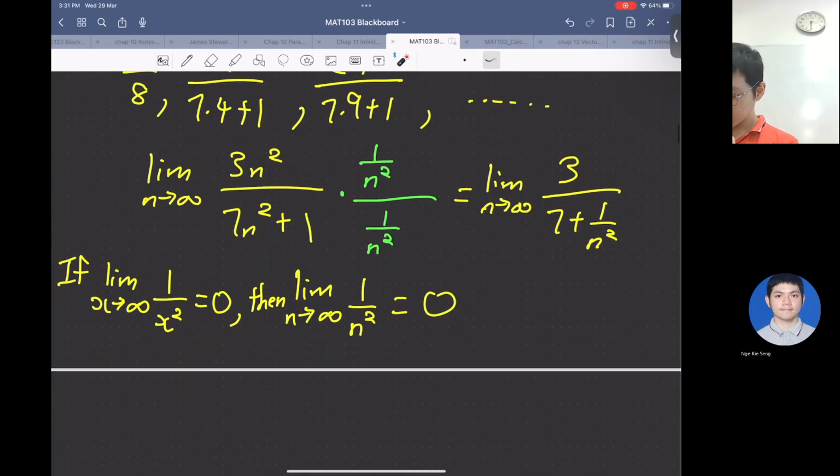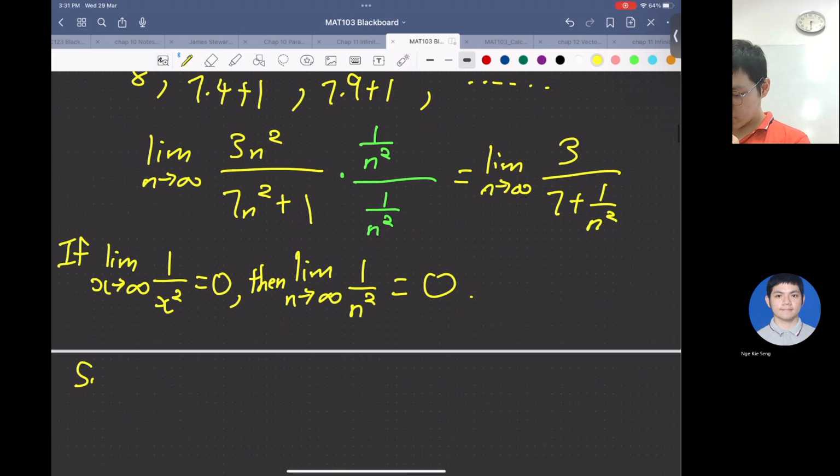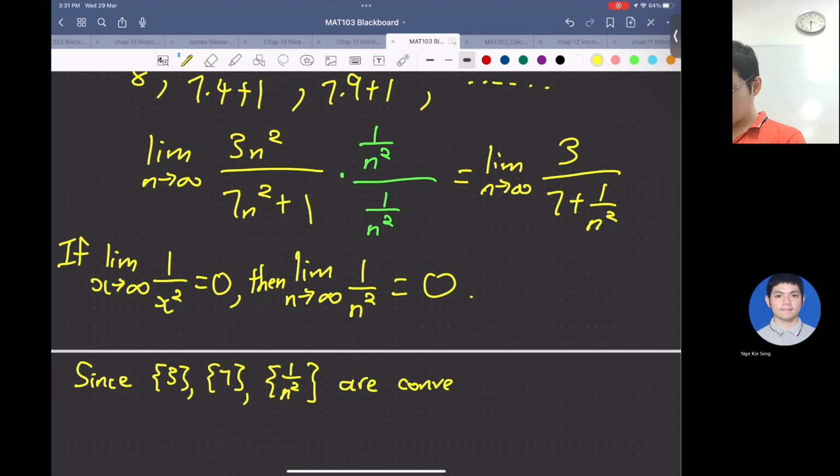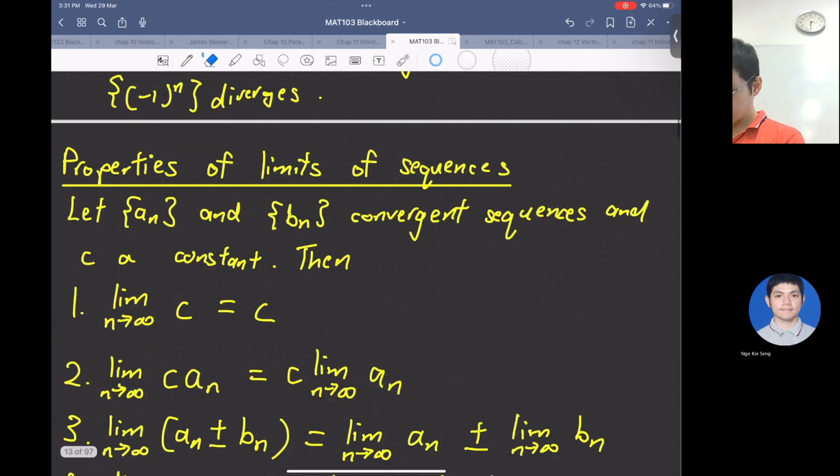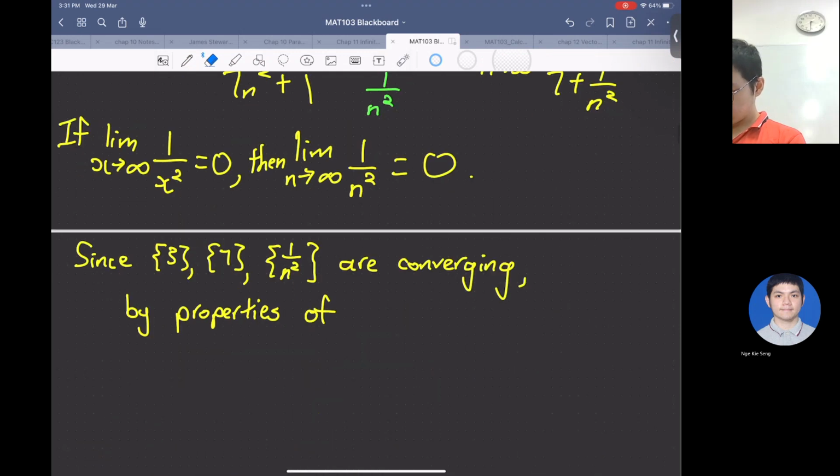Let me write it down. Since 3, 7, and 1 over n squared are converging, by properties of limits of sequences.